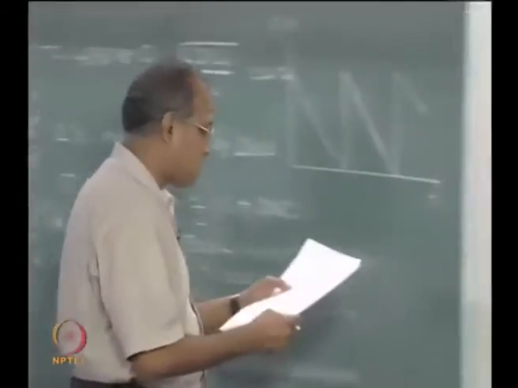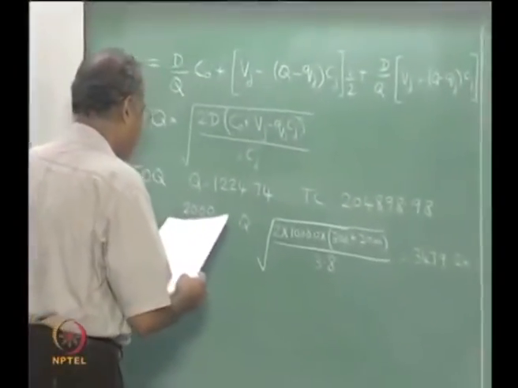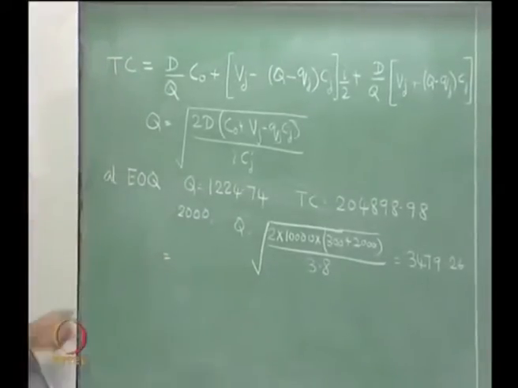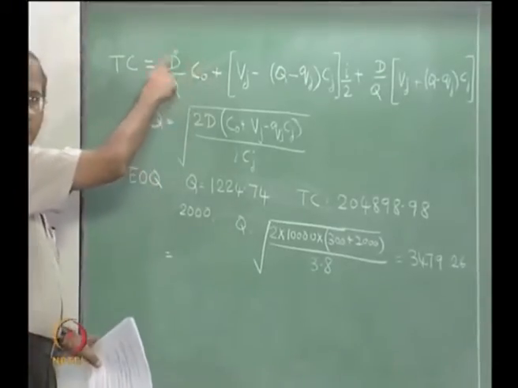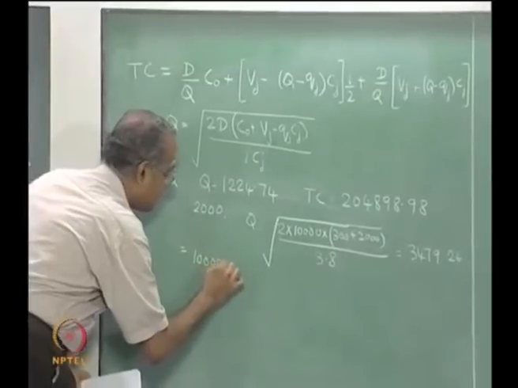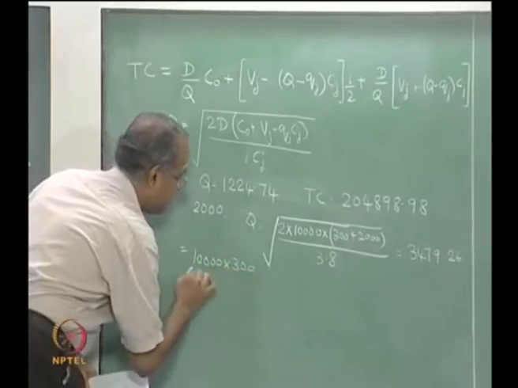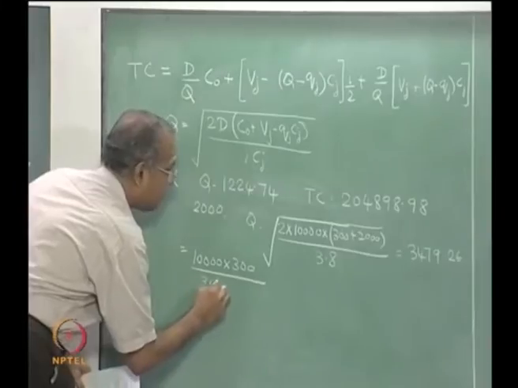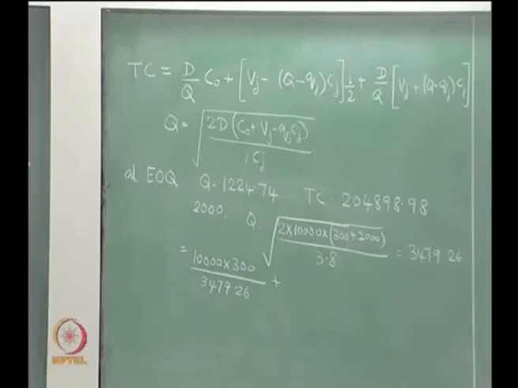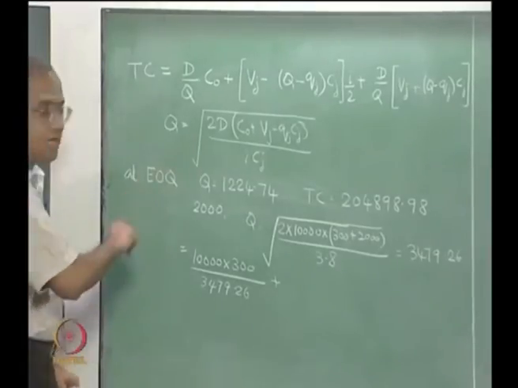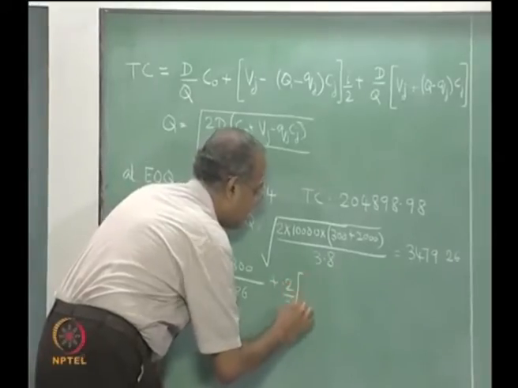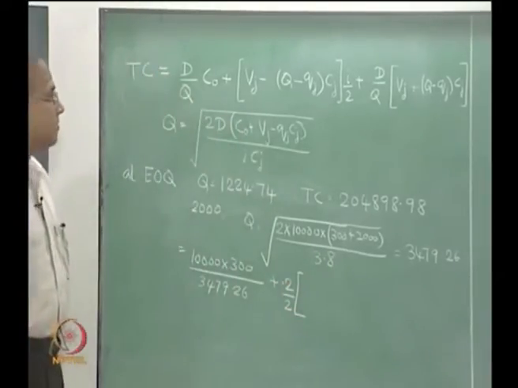Now, the total cost associated with this will be, this part is easy, D by Q into C naught: 10,000 into 300 divided by 3479.26, plus I by 2, which is 0.2 by 2, into the money value of 3479.26.